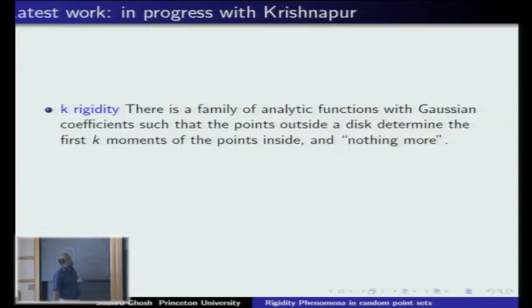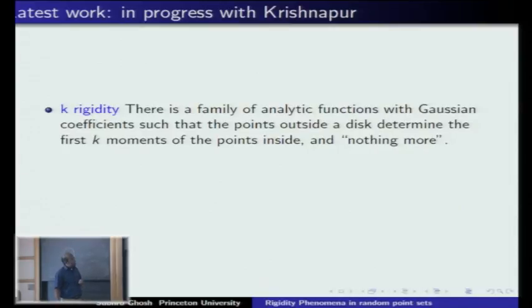When k is 0, the Ginibre is naturally k-rigid, 1-rigid. Does your example degenerate to the Ginibre? No, it's another example. Yes, it's a different family of examples.